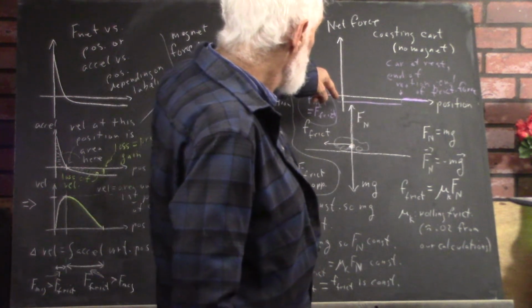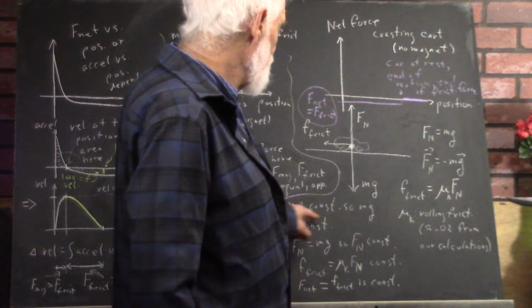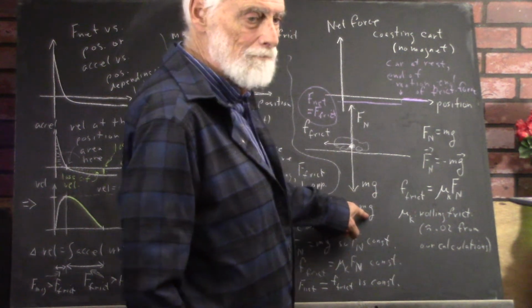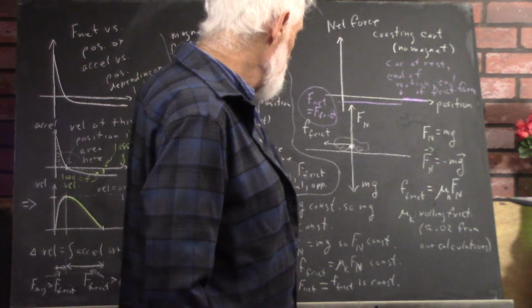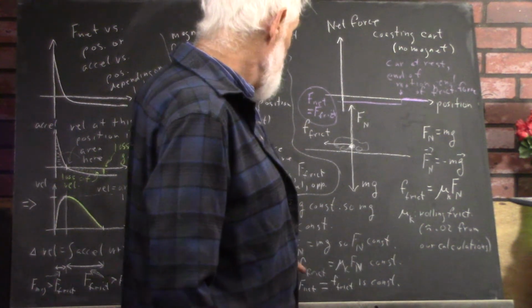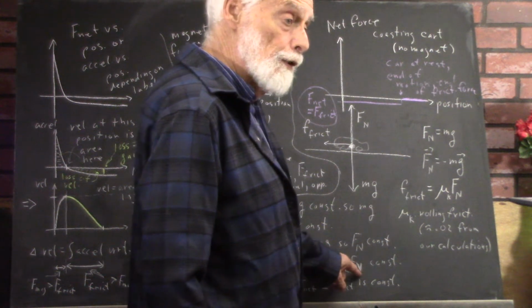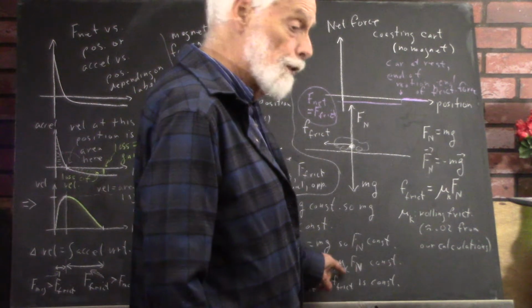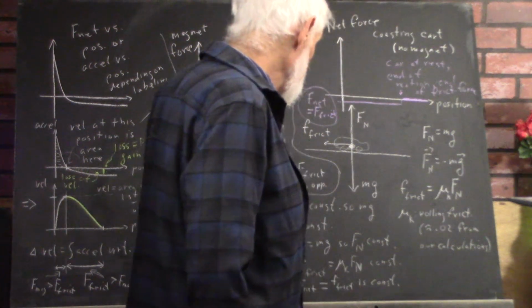So, from the fact that m and g are constant, well, we conclude that mg, the weight of the cart, is constant. And since the normal force equals mg, the normal force is constant. So the frictional force, which equals coefficient of friction times the normal force, coefficient of friction we assume is constant, the frictional force is constant.